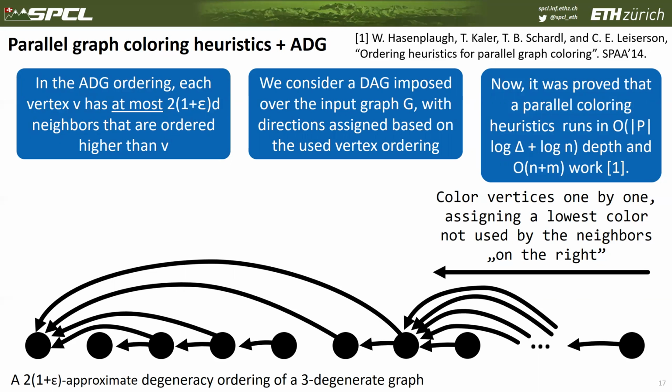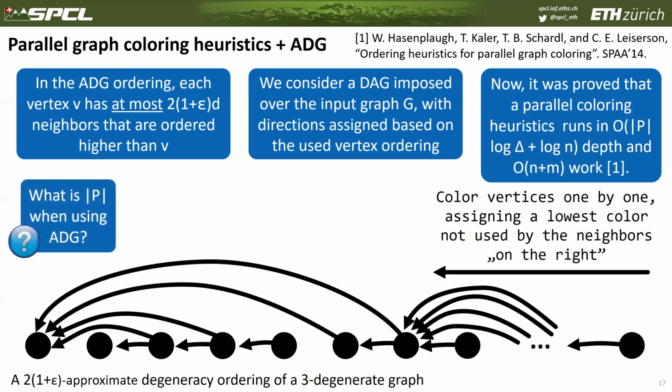So now the only question that remains for this analysis for depth is to find the longest path in the DAG, which is constructed using the ADG ordering, and then plug in this value of the size of this path into this depth bound that we can get from existing work. This is really the main question here.